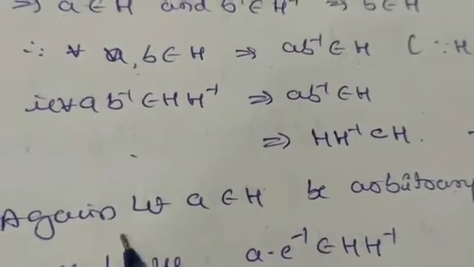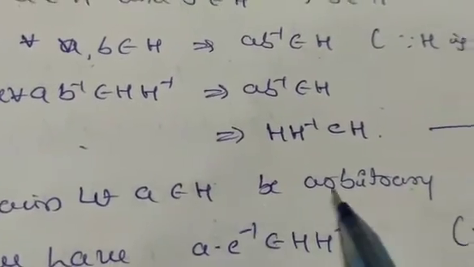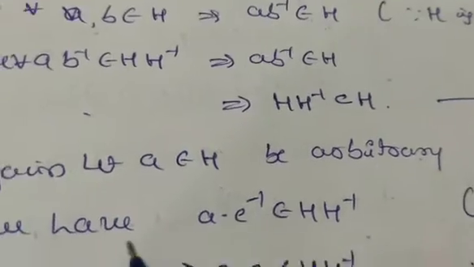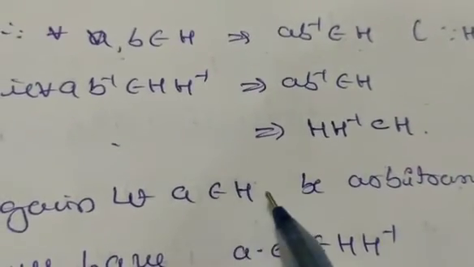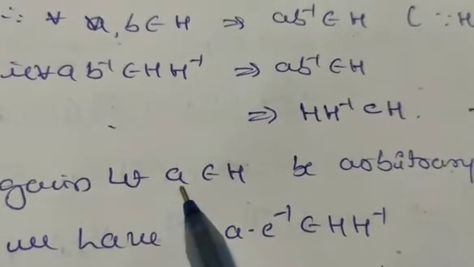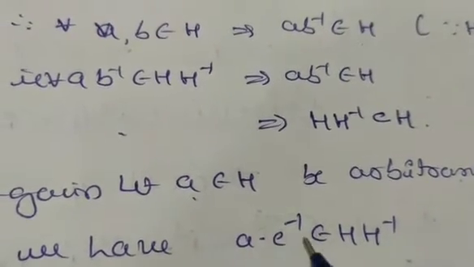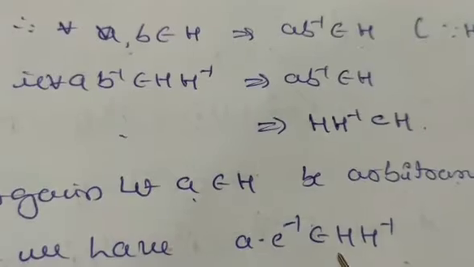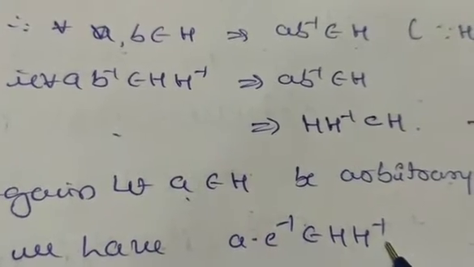Now again let us take A belonging to H, an arbitrary element. This A can be written as A into E inverse, which belongs to H into H inverse.